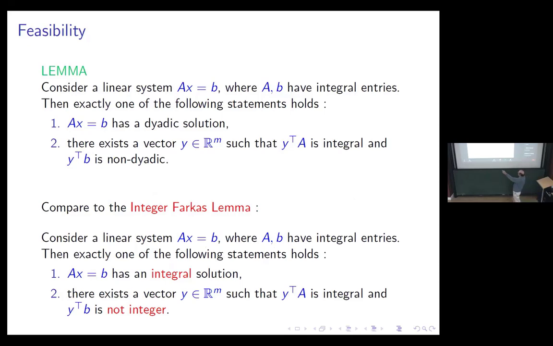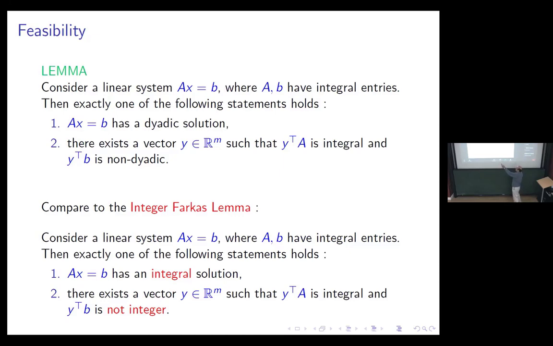So let's look at feasibility. Here is the lemma. We're going to start with linear equations. We are looking first at a system AX equals B, where let's say A and B have integral entries, or more generally it could be rational, but let's make this integral. The lemma says exactly one of the following statements holds.